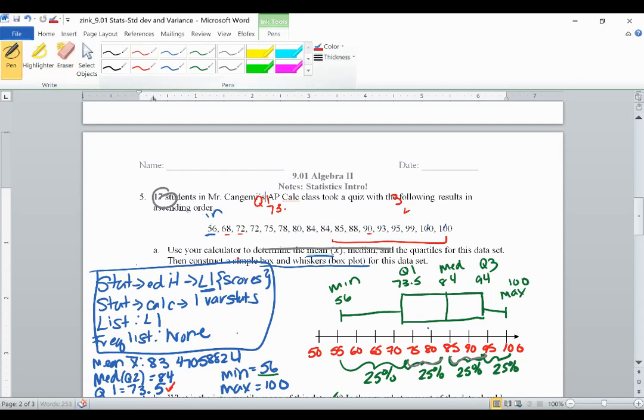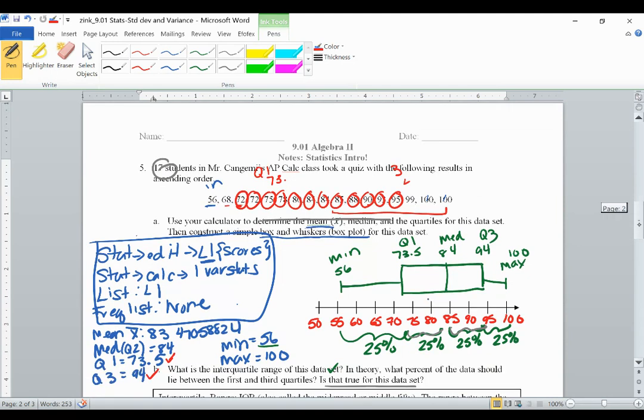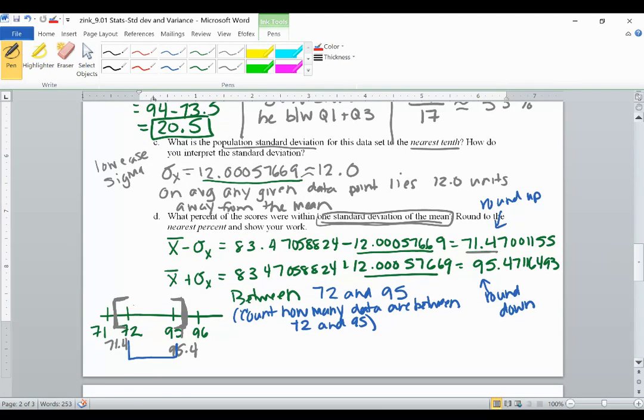So in this case, we're going to include 72 because 72 is within one standard deviation of the mean. So I've got 72, 72, and I want to stop once I get to 95, and I can include 95. So I'm going to count up how many I had: 1, 2, 3, 4, 5, 6, 7, 8, 9, 10, 11, 12. So 12 pieces of data are between 72 and 95.